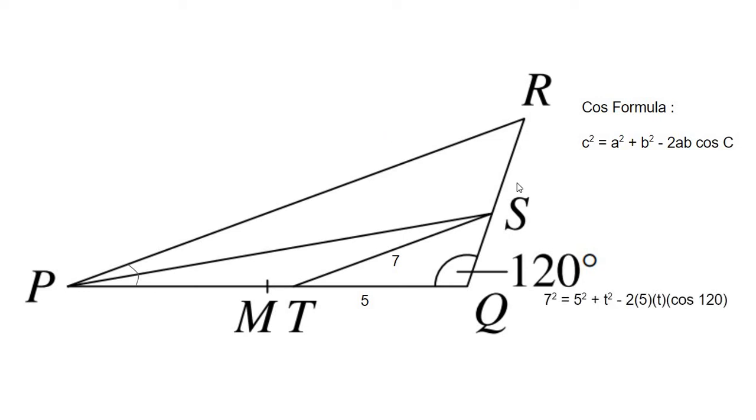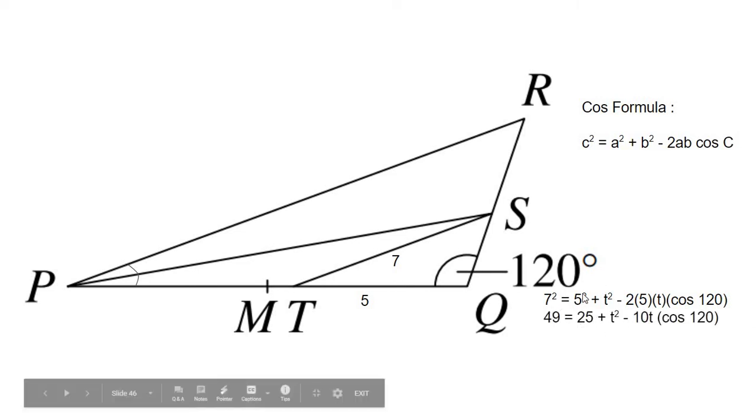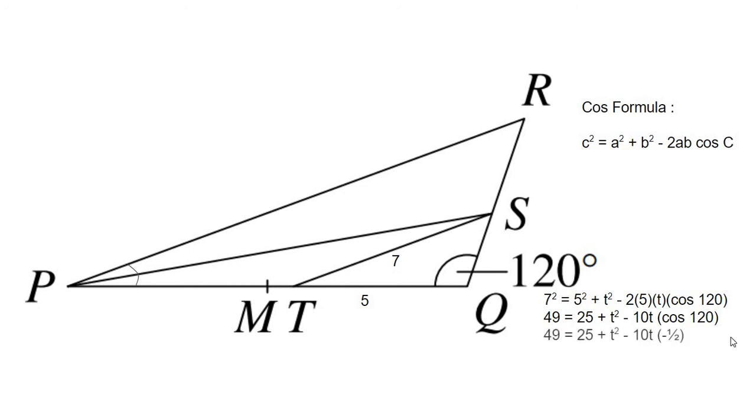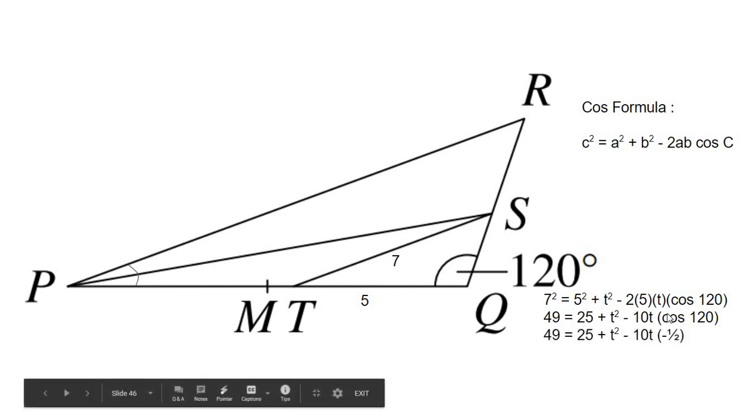With this formula, plugging it in, we have 7 squared equals 5 squared plus t squared minus 2 times 5 times t times cosine of 120. We can simplify this further. We can do the squares of everything. So we get 49 equals 25 plus t squared minus 10t times cos 120. Well, we know that cosine of 120 is equal to negative 1/2.